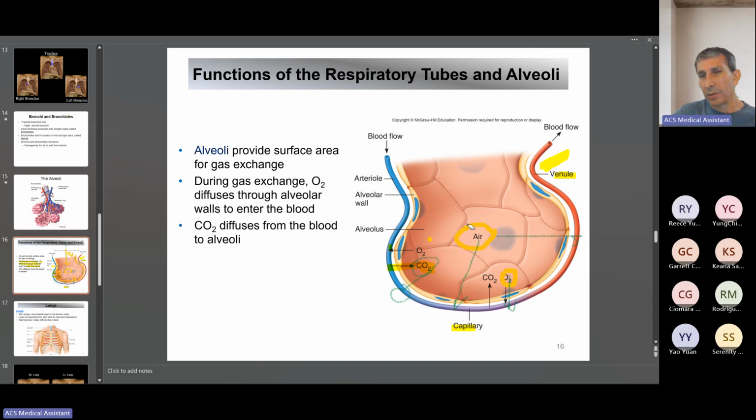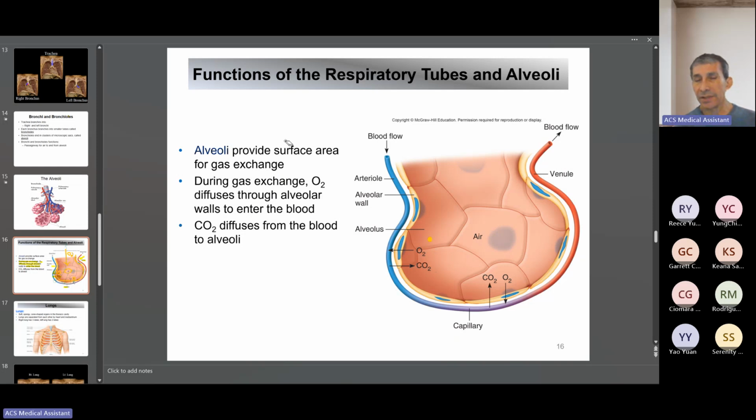Any questions about gas exchange? So now you don't need to know the process of how this oxygen moves out or enters the bloodstream and how carbon dioxide moves from the bloodstream to the alveoli. No, but you need to know that this is the gas exchange process within the alveoli.